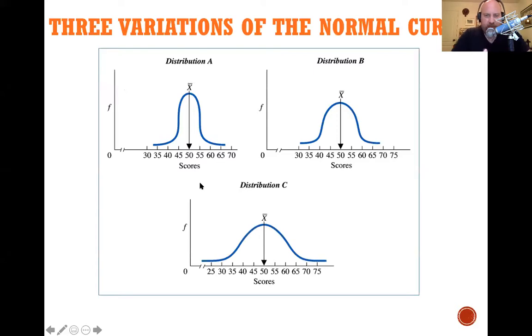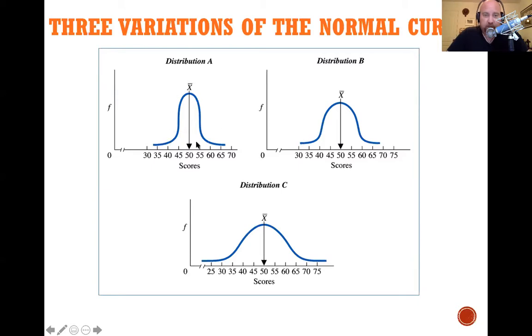So here's an example of 3 different distributions: distribution A, distribution B, distribution C. And I want you to notice that for all 3 of these, the average score is 50, right? Or we can say the mean is 50. We can also see from all 3 of these distributions that they're normal bell curves.